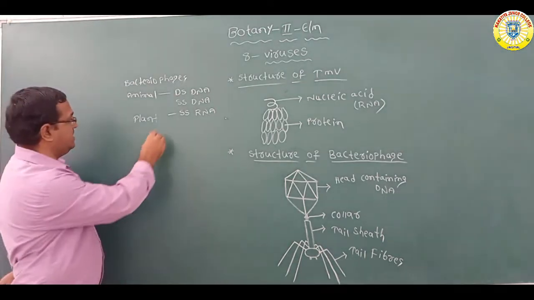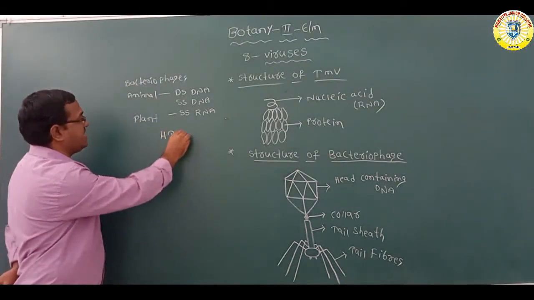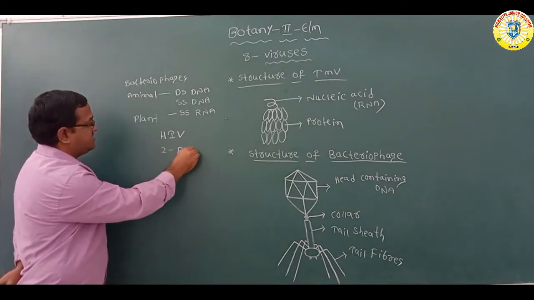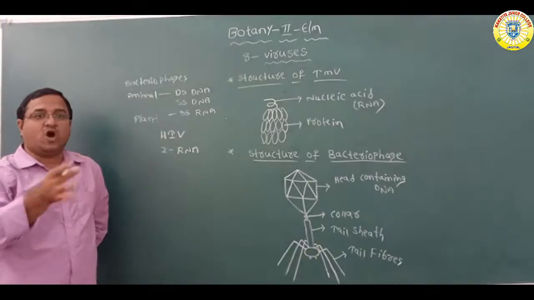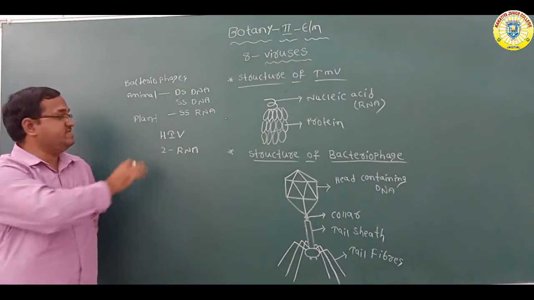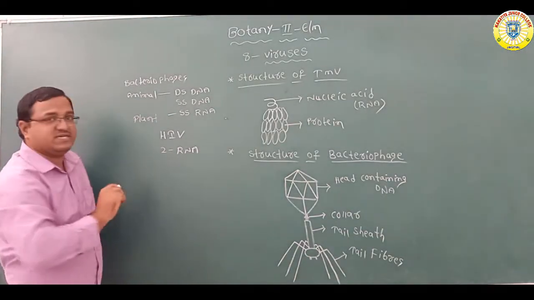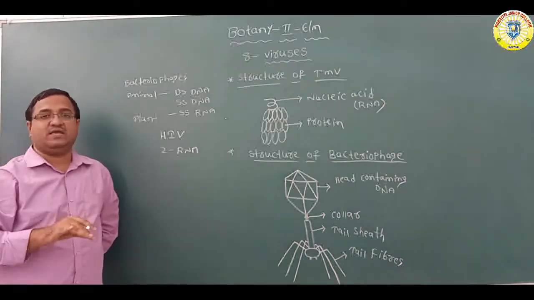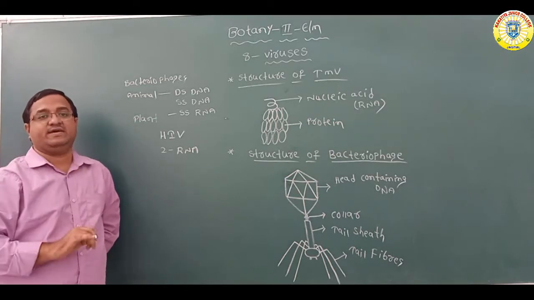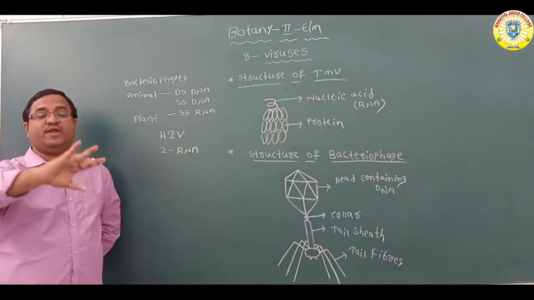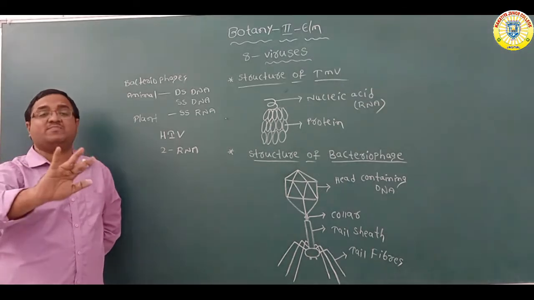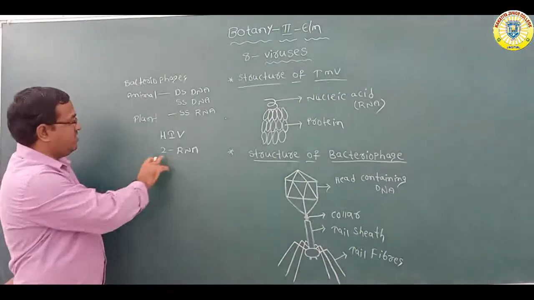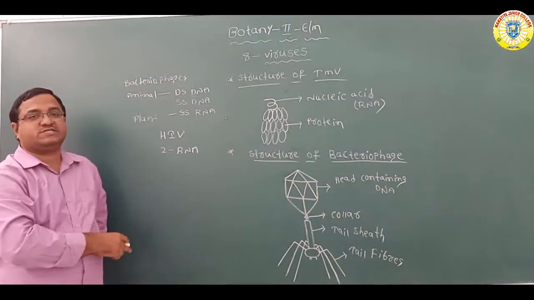For example, the HIV virus contains two RNAs, which are copies of each other. Except for HIV, all viruses contain only a single molecule of genetic material, either DNA or RNA.